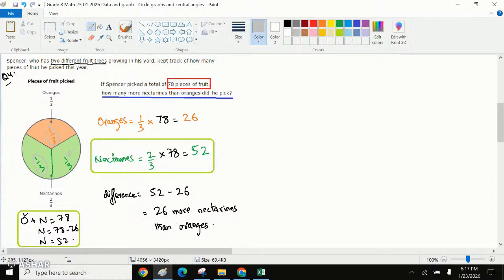We directly find the extra 1/3. 1/3 of 78 will be 26. We can do it through the ratios, we can find the values, and then we can subtract also, right? There are multiple approaches to do a single question in a circle graph, okay? So let's have a look at the next question.